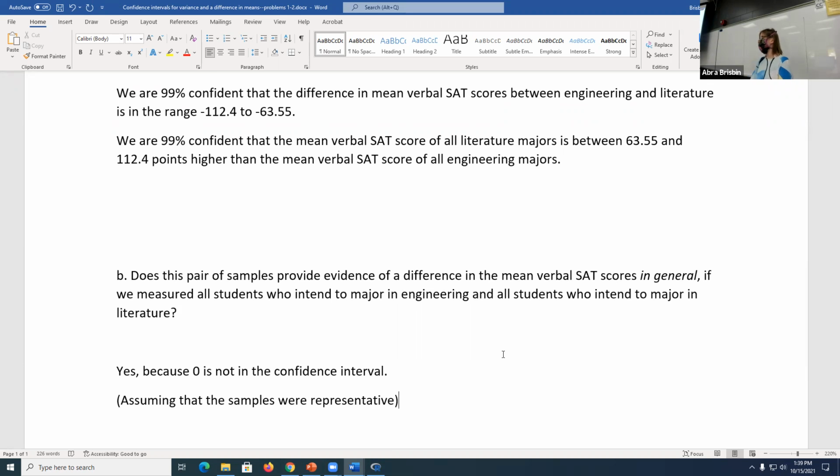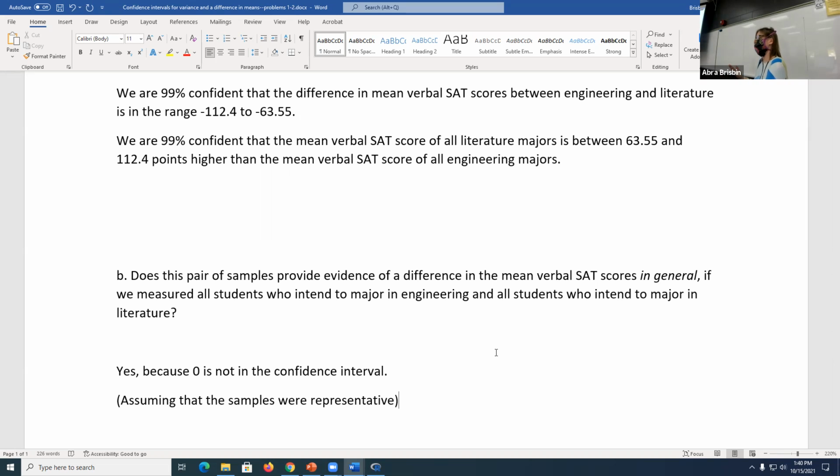Any questions about this problem? All right. So we've just talked about confidence intervals for means and a difference of means when sigma is unknown. There are some circumstances when you might want a confidence interval for sigma itself.